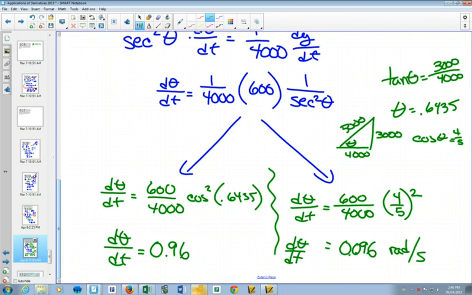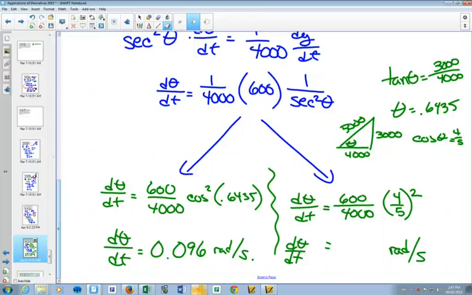Yeah, I forgot the 0 on that side too. There we go. They both show up on my calculator as the same number. I'm not just making that up. Let's make it pretty. 0.096 radians per second.